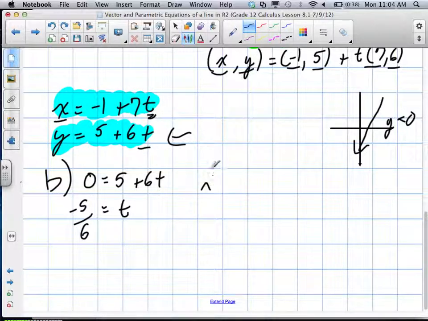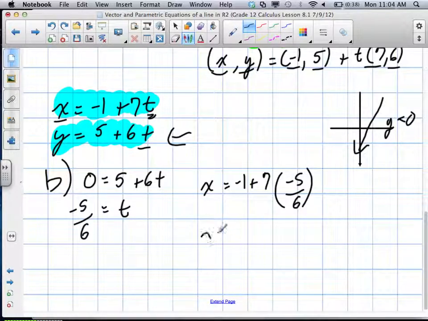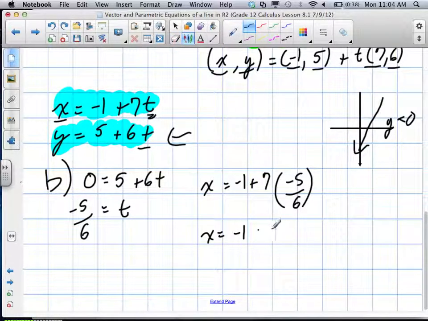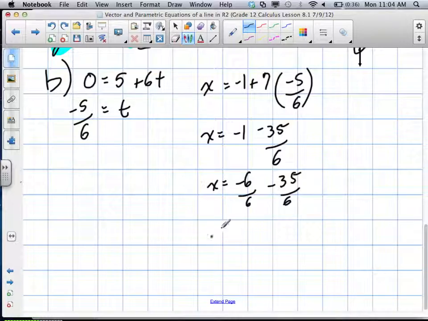We then take the x part of the parametric equation, negative 1 plus 7 times negative 5 over 6. x is equal to negative 1 minus 35 over 6. x equals negative 6 over 6 minus 35 over 6. x is equal to negative 41 over 6.